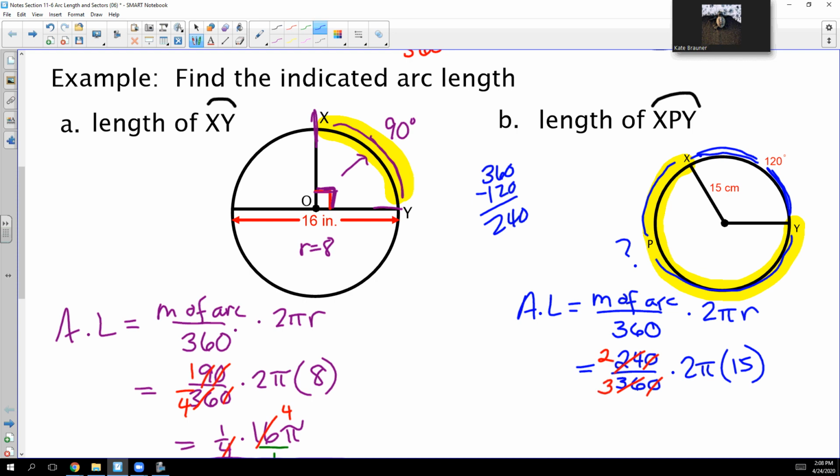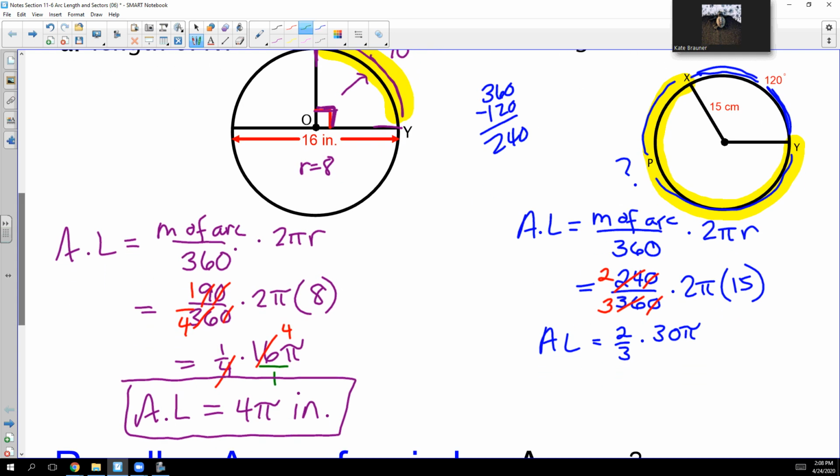Now we have arc length is equal to 2/3 of 30 pi, and then you can reduce the 3 with the 30 and get a 10, and that makes it easy to calculate your arc length as 20 pi centimeters.